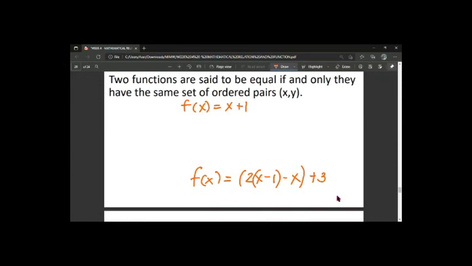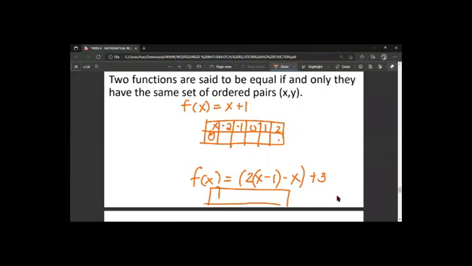Okay. So, what if inassign natin siya with the same values of x? Then dapat the same ang y and x niya. So what do you mean by that, sir? So this is x and y. So mag-assign tayo ng value that start with negative 2, negative 1, 0, 1, and 2. Okay? Same with this one. Dapat the same ang x nila. Let's see if we substitute x, the same ba ang y nila?